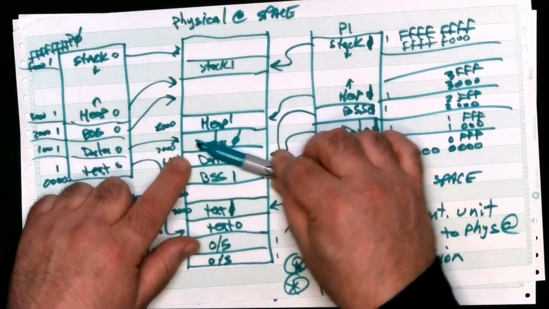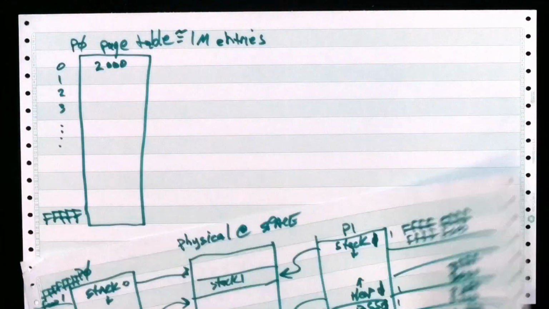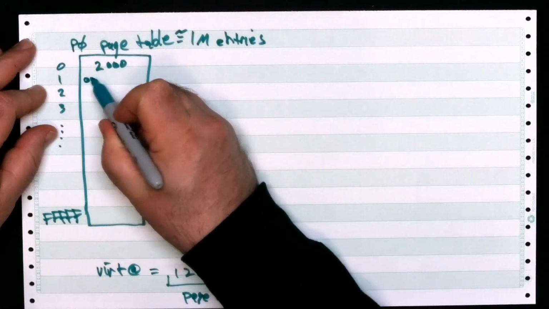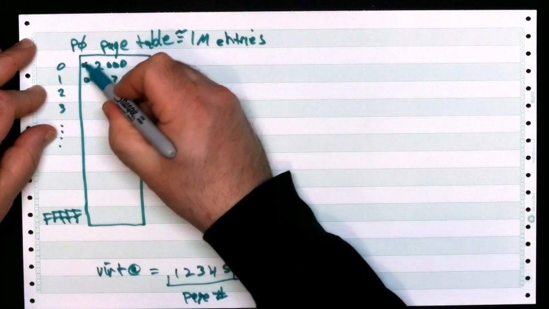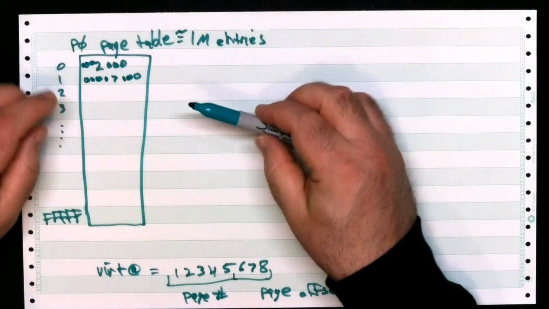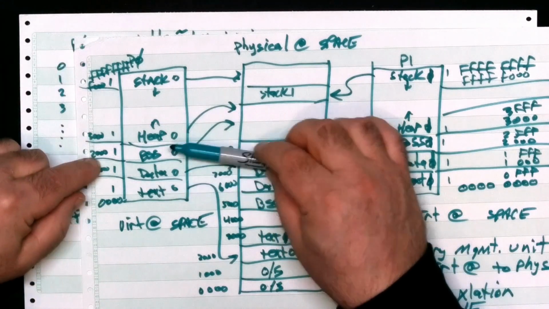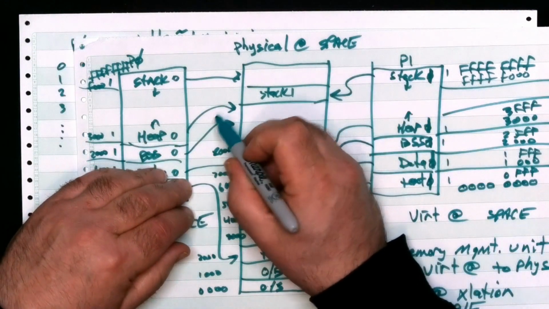Where does that go? Well, it goes over here and starts at address 7000. I left out the leading zeros. Well, where does page number 2 go for process 0? Here's page number 2, and it goes somewhere. Let's say that one goes to F000.